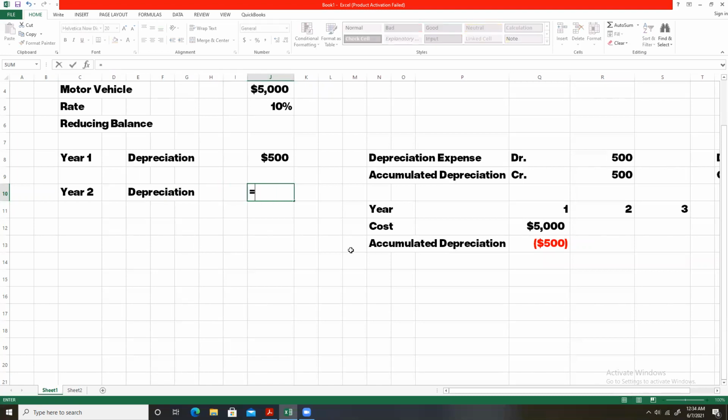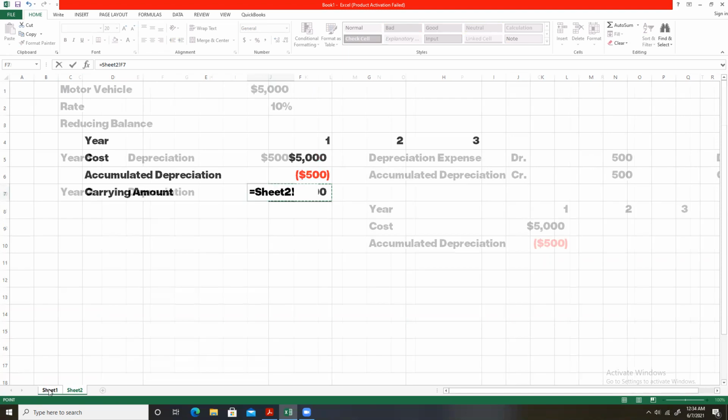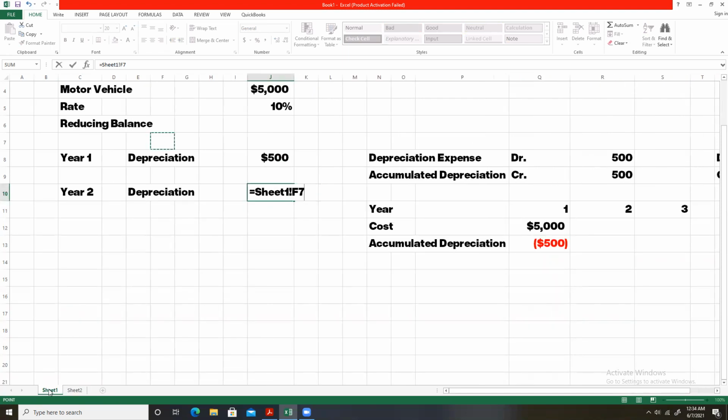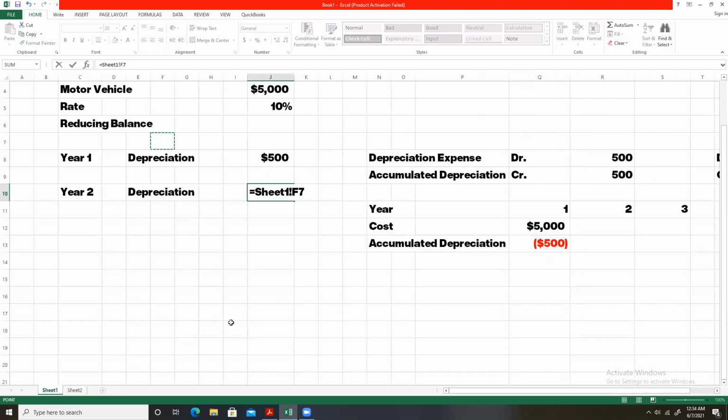This depreciation will be on the carrying amount of the asset, which is 4,500, multiplied by this rate. So in the second year, a depreciation of $450 will be charged.